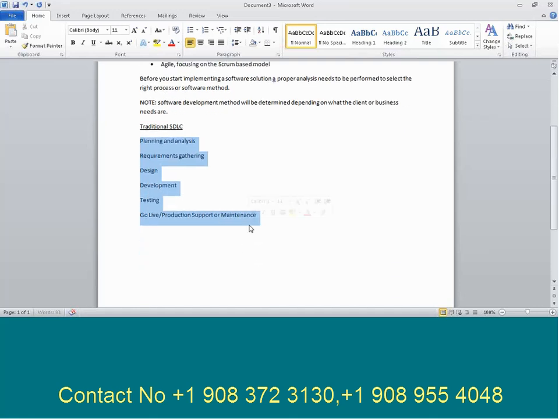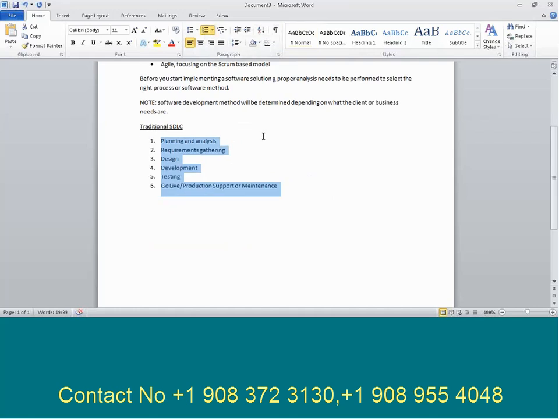When I say go live, I mean promoting it to production, to the client, going live. Or I would also say followed by production support and maintenance of the project. So all these are a certain set of steps or activities that happen in the project.